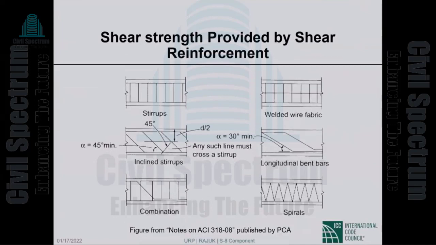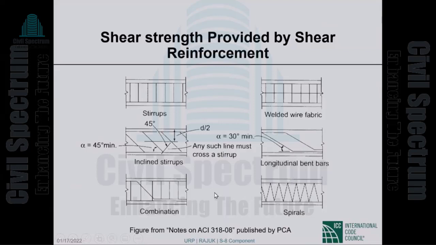These are the various types of shear reinforcement: stirrups, welded wire fabric, inclined stirrups, as it says, more than 45-degree angle. So those are the inclined stirrups. Longitudinal bent bars, this is the tension bar bent up and then it becomes a compression bar.